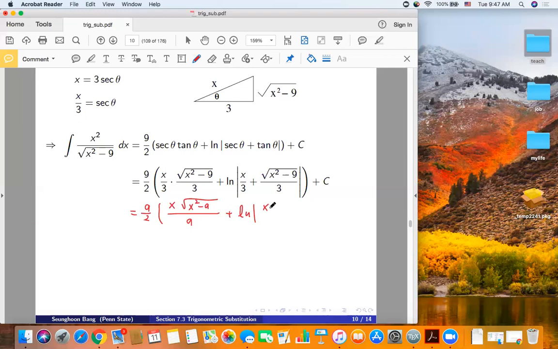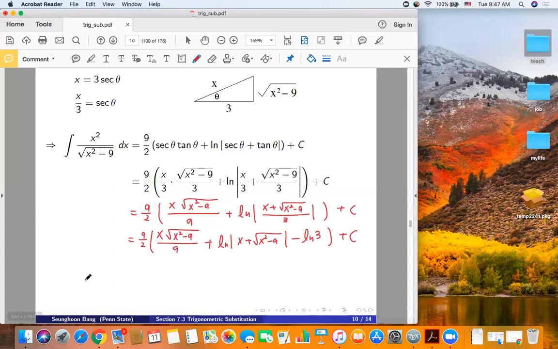You can combine: x plus the square root of x squared minus 9 over 3, plus C. So this is the same as 9 over 2 times x times the square root of x squared minus 9 over 9 plus, you can change the fraction to a difference: ln of the absolute value of x plus the square root of x squared minus 9, minus ln of the absolute value of 3, which is just ln 3.